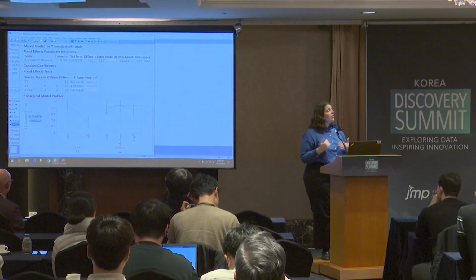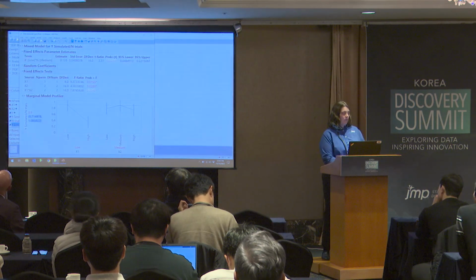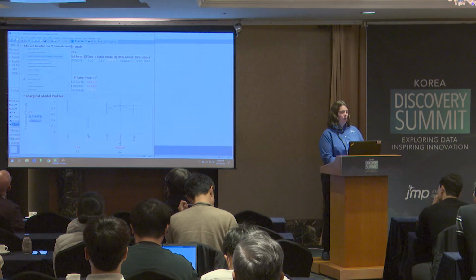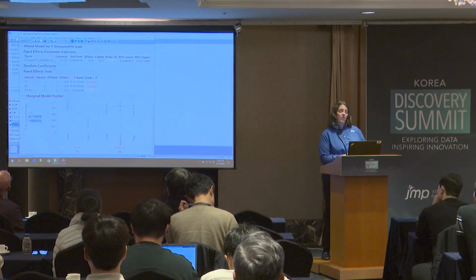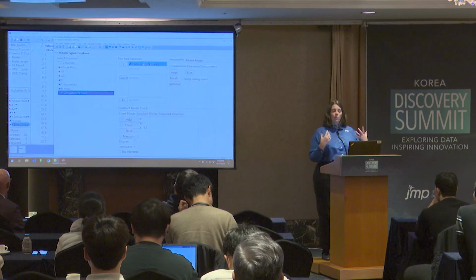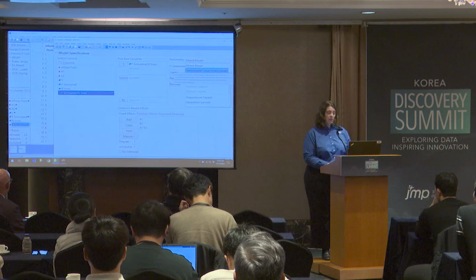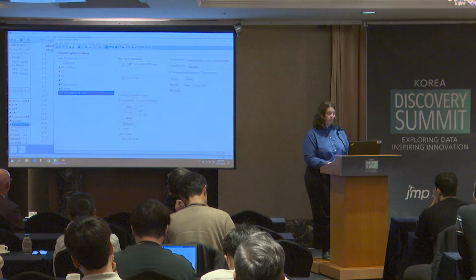And this is where the generalized linear model or mixed model comes in. So I'm going to go back to the model dialog, and I'm going to switch now to the generalized linear mixed model personality.